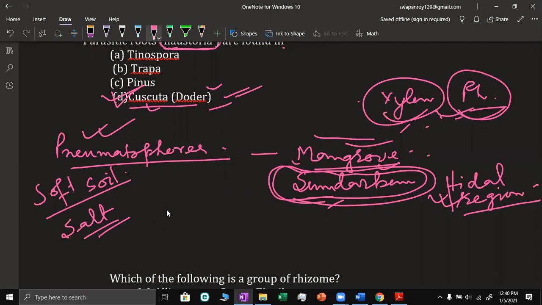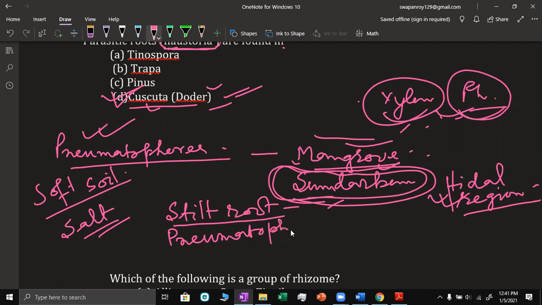One is stilt root we find for additional mechanical support. For respiration we find pneumatophore, and another thing that we get is vivipary.